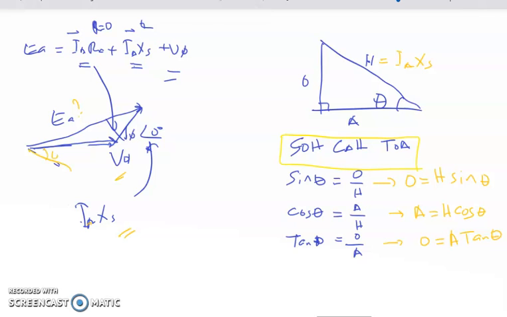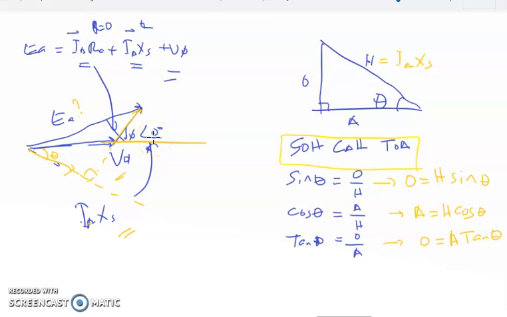So if we have our theta here, when we shift to this side with the angle of 90 degrees, if we prolong the line, here will be 90 degrees of IAXS compared to our current.